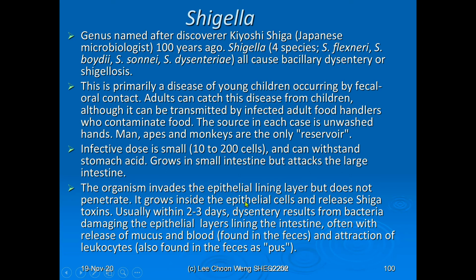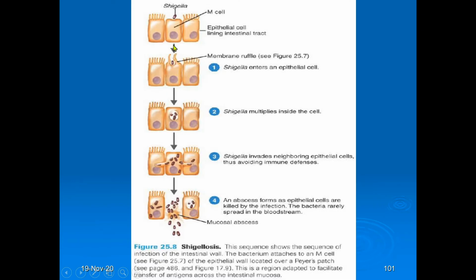So it will grow in the epithelial cell and release the Shiga toxin that results in a damaged epithelial layer. That is why in your stool there is a lot of mucus and blood. So you can see that Shigella is able to multiply in the cell, and then it can also invade neighboring cells, but it does not go further into the lymphatic system or the bloodstream.